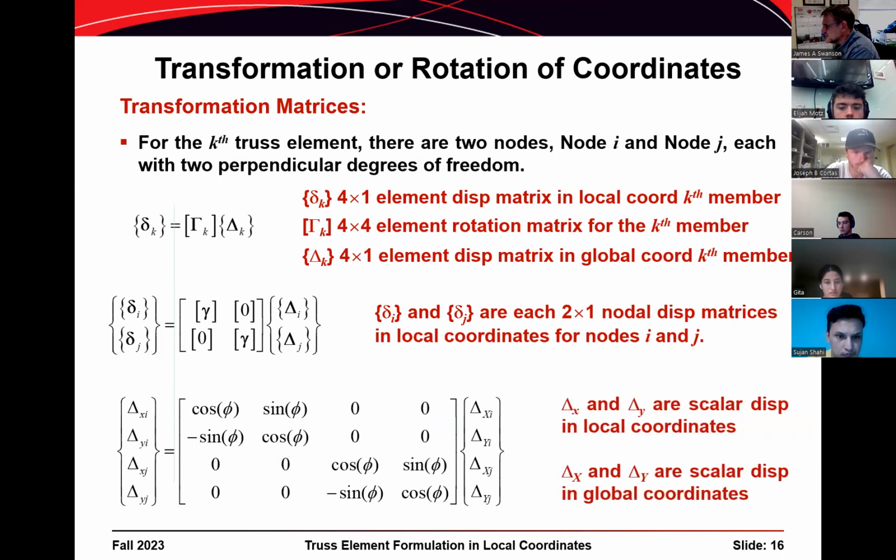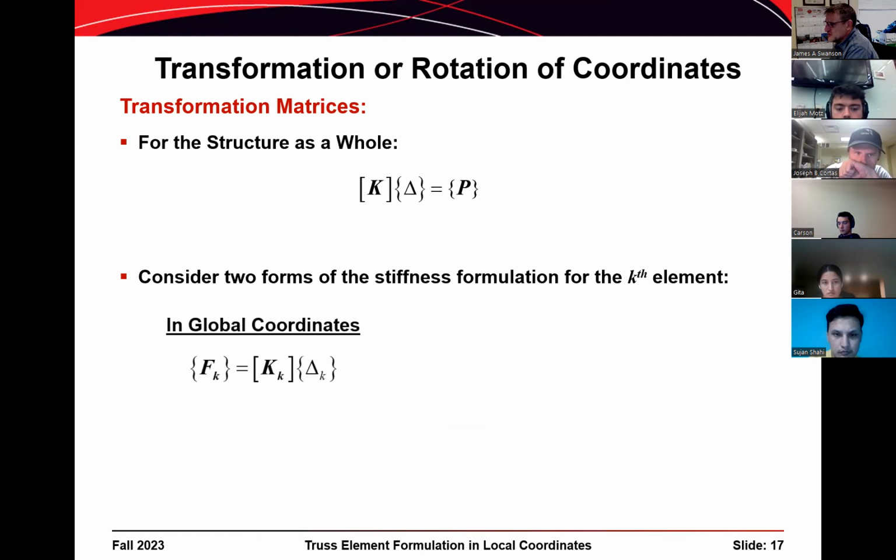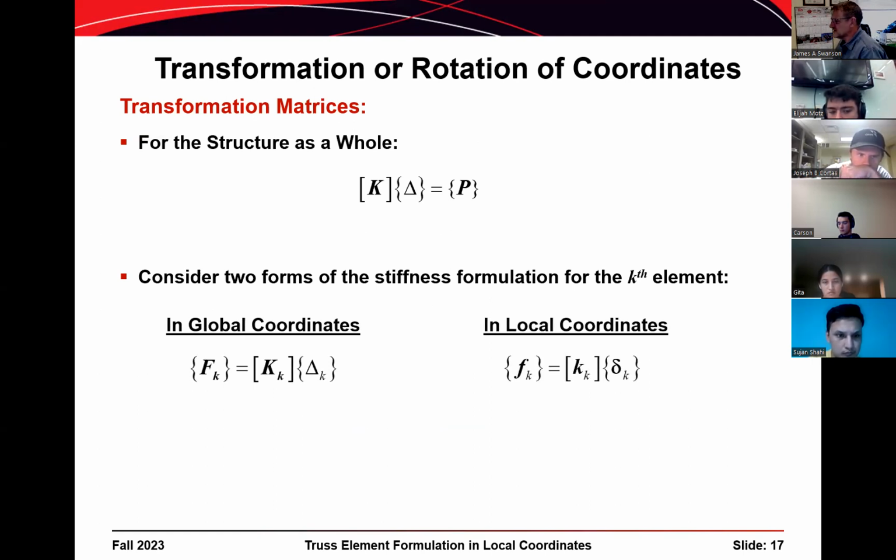All right, so in this case, we have delta little x and delta little y, which are scalar values in local coordinates. We have delta big X and delta big Y, which are scalar values in global coordinates, right? And so for the whole structure, we can write k delta equals p. And so we can rewrite that in global coordinates, and we can rewrite that in local coordinates for each of the elements.